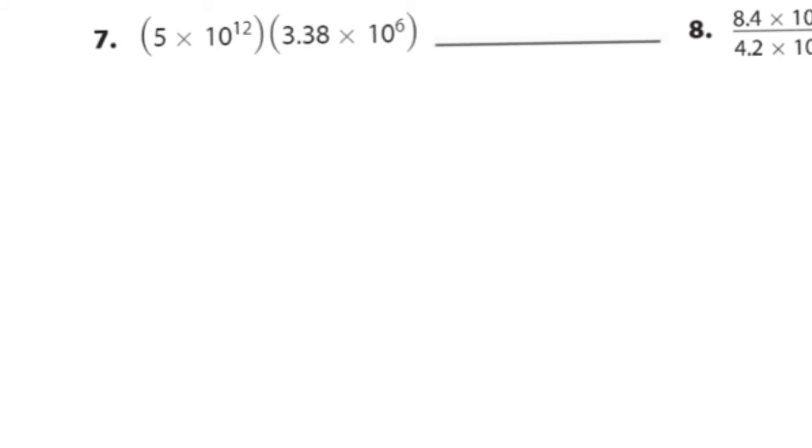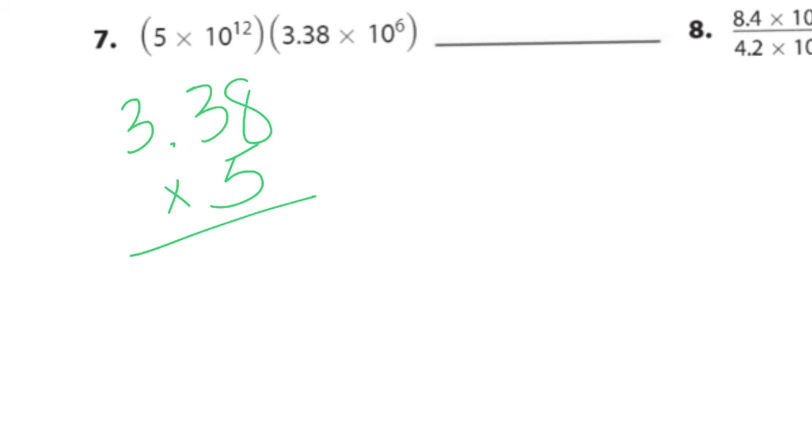All right, another multiplication problem. So I'm going to multiply 3 and 3800ths times 5. And using my handy dandy calculator, I get 16 and 9/10. And remember, when you multiply powers of 10, you add the exponents.